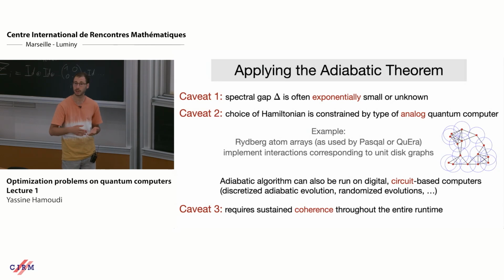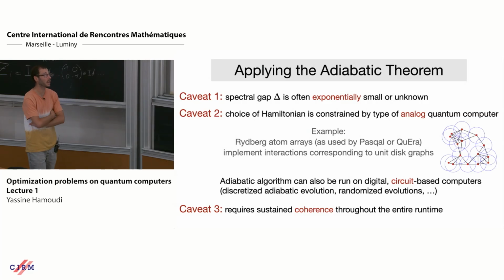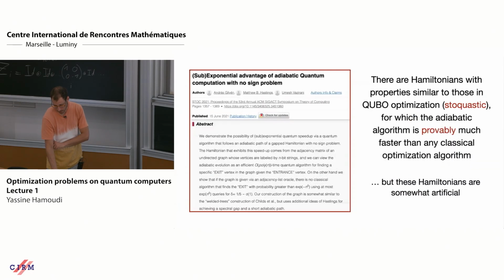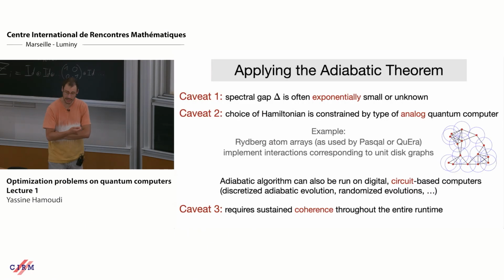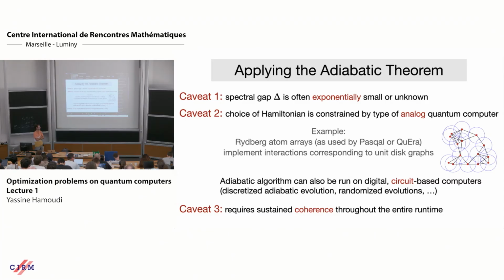You have to correct quantum errors, etc. So this is not very well adapted to near-term architectures. The next section will be dedicated to addressing the last point and giving you some examples of other algorithms that could be applied on near-term quantum computers.